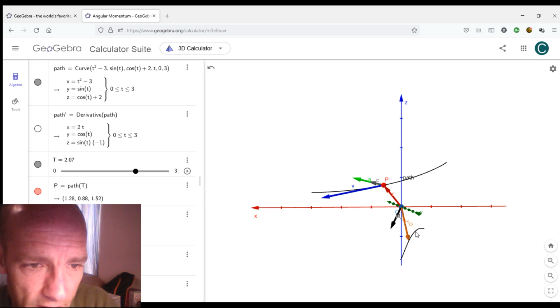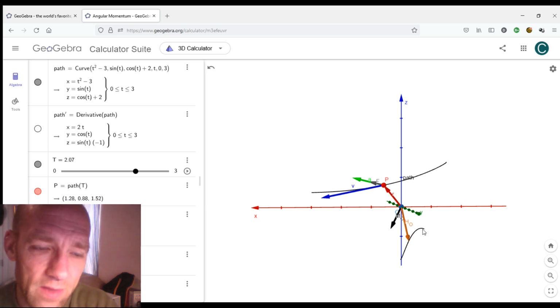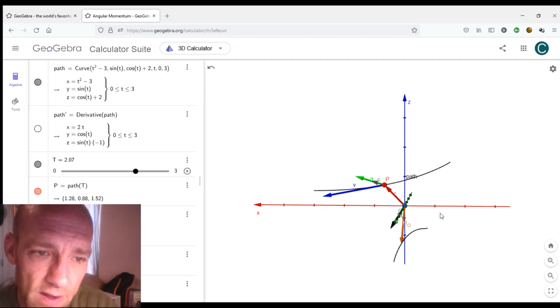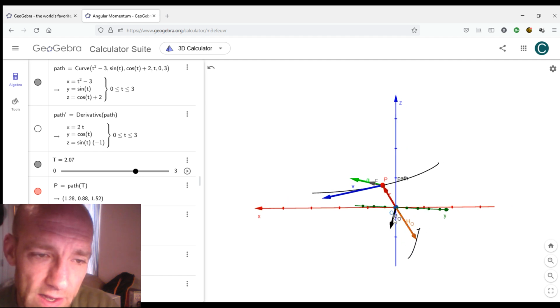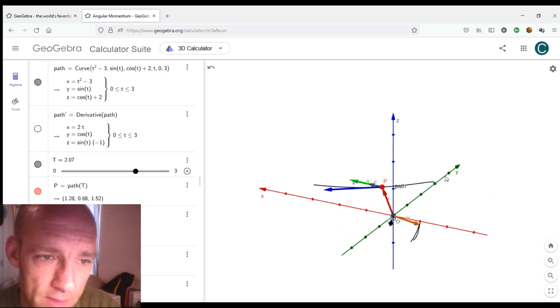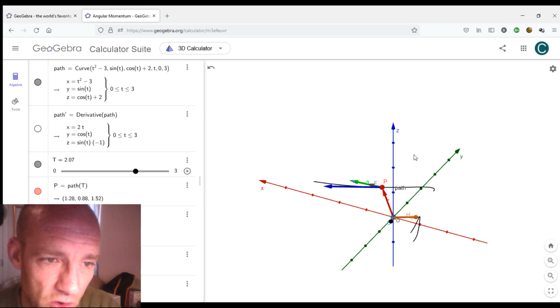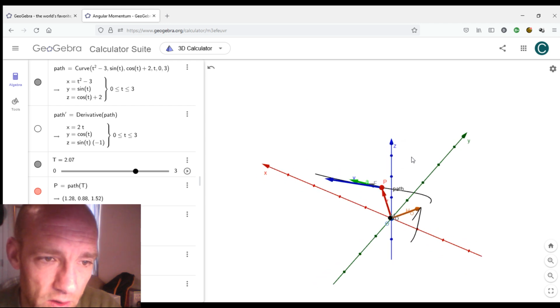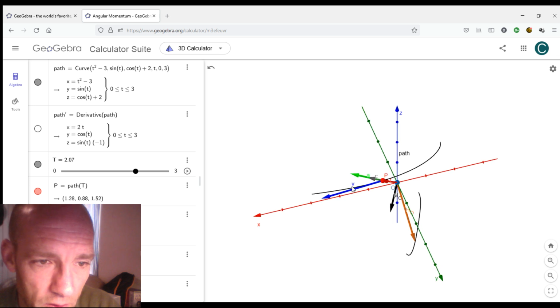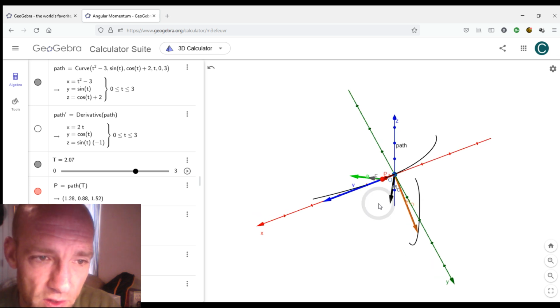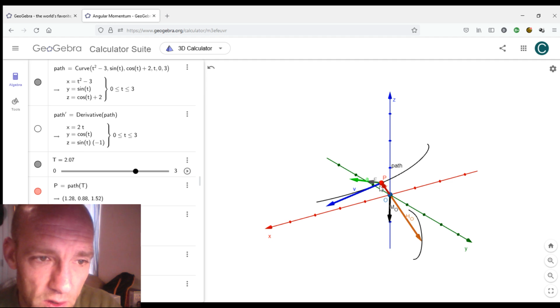All right, this curve down here, I have it illustrating, this is not a physical thing. This is just the path that the tip of the angular momentum is taking, right? And to illustrate the fact that the moment should always be perpendicular to both R and F, which is the case here. Okay. The moment generated by the force is perpendicular to both the force and the position vector.